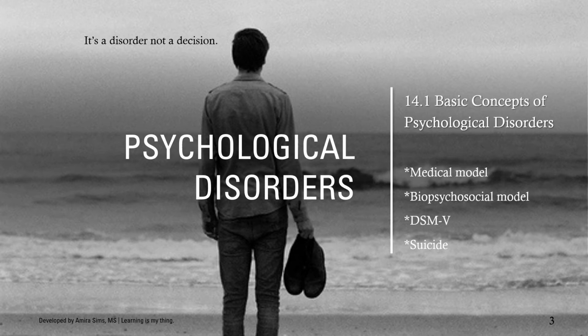One is the difference between the medical model and the biopsychosocial model. The medical model focuses on understanding psychological disorders in terms of mental illness. Okay, this medical model aligns with psychiatry.